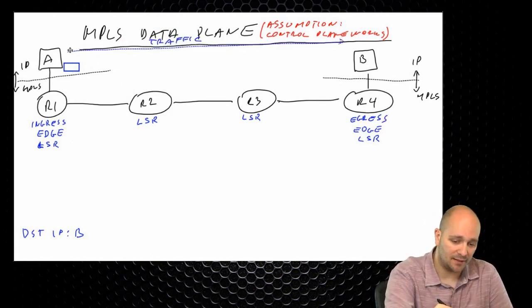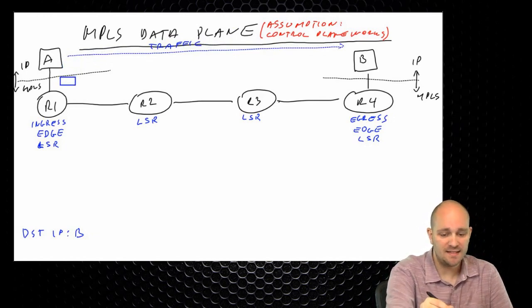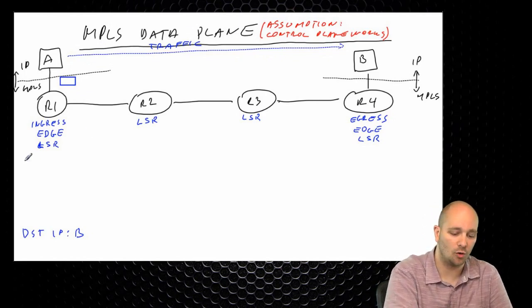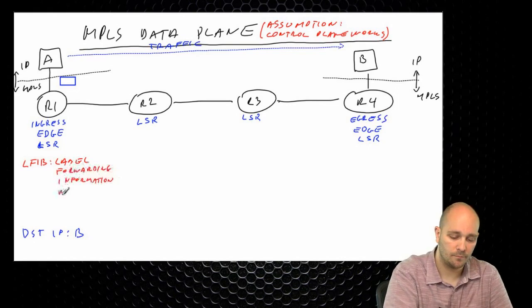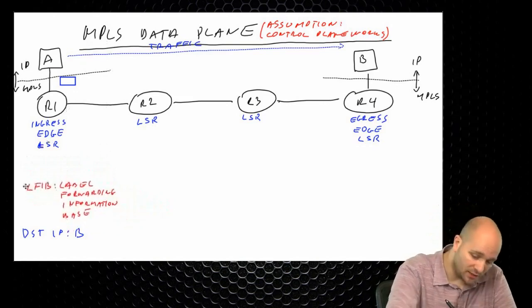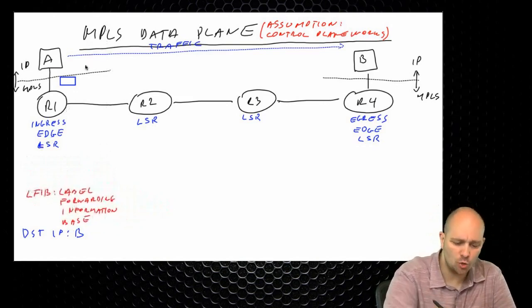When an IP packet arrives to ingress edge LSR, this ingress edge LSR needs to perform a lookup in a table that we call LFIB. Now, LFIB stands for Label Forwarding Information Base. And in this LFIB, it needs to see what it does with this packet.